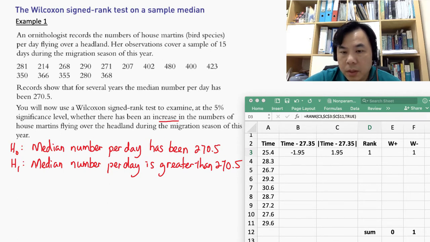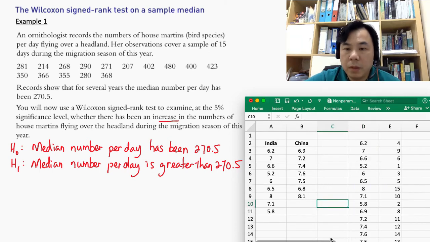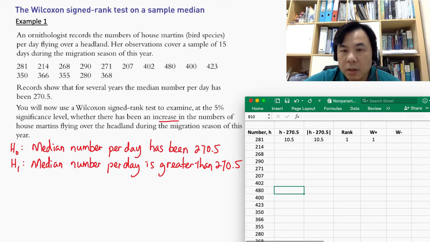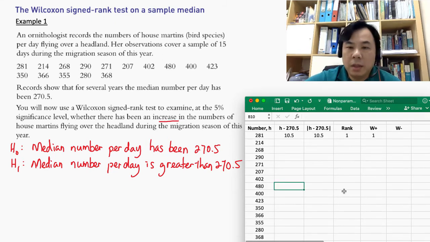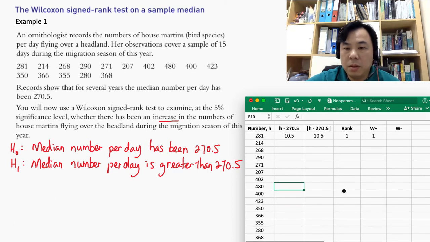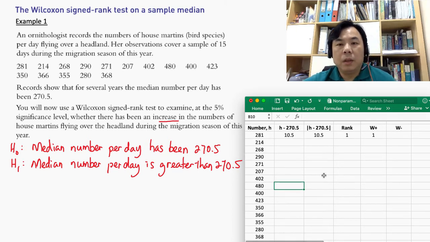Hold on, let me get the correct numbers. It should be this one here. Yeah, is it? No. Okay. Give me a while. Did I get that correct? Yeah, here. This is the data for the house martin birds. All right. Okay. Now the first step is to obtain the deviation.